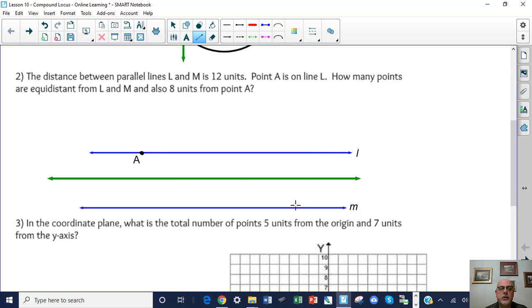So that's halfway between. Now, if L and M are 12 units apart, the distance here is going to be 6, and the distance here will be 6. It's important to have that frame of reference, because now when we look at the next criteria, 8 units from point A, well, point A is a given single fixed point, so your response to that locus problem is a circle with radius 8.